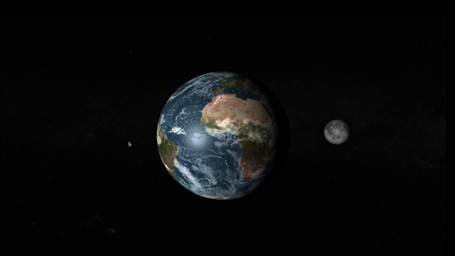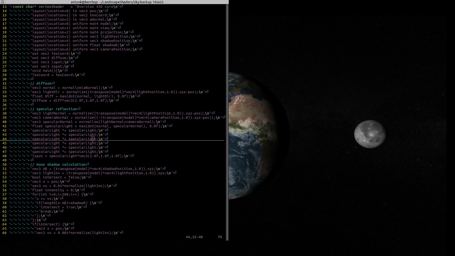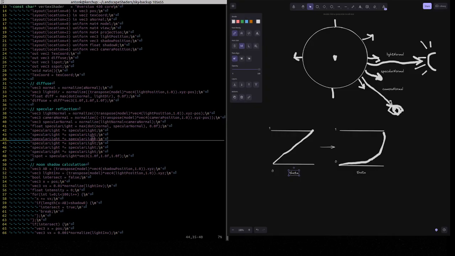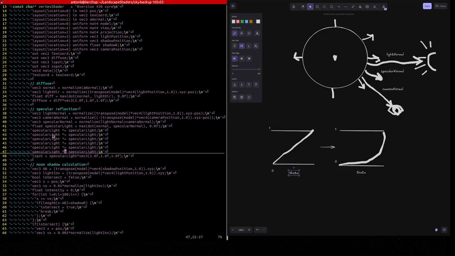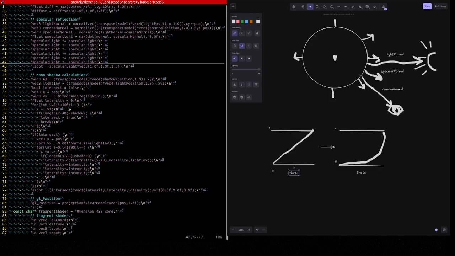Okay, so let's go to the final light contribution, which is the moon shadow calculation.